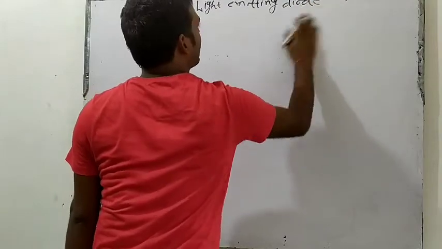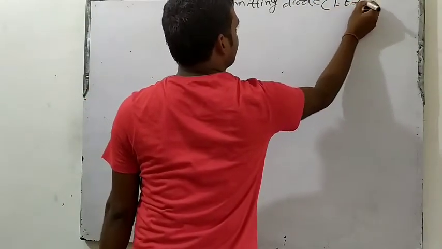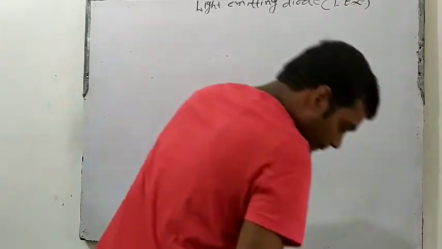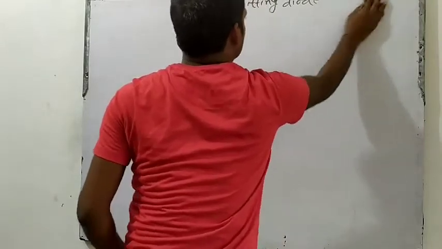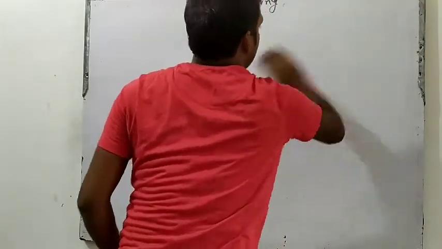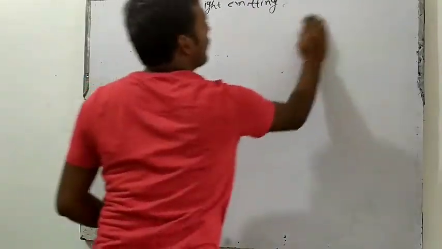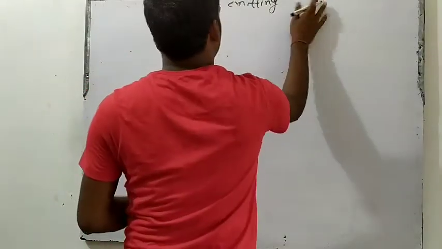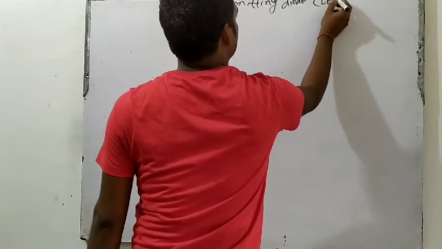What we will understand? Light emitting diode, that means LED. Understand about it? In this light emitting diode, what will happen?